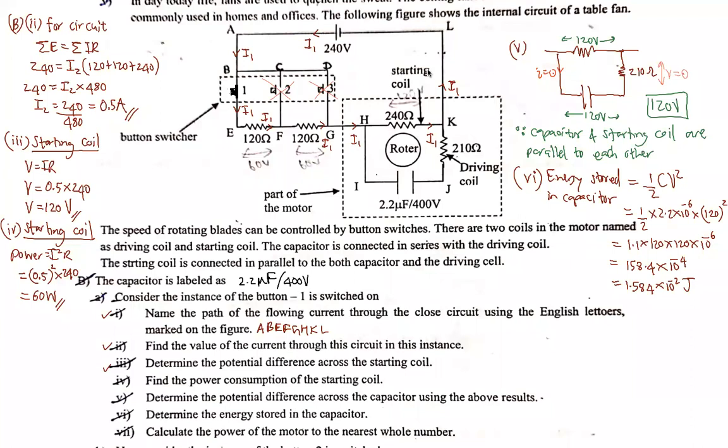So the starting coil has a power dissipation of 600 watt. My question is, how are we going to find power for the capacitor? The driving coil is also there. By what number should we multiply that? We will divide it.